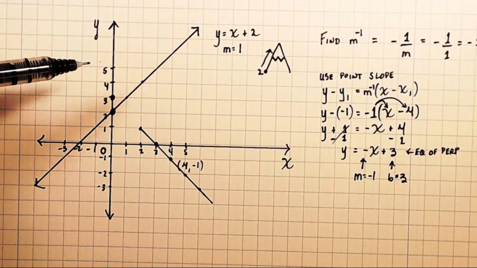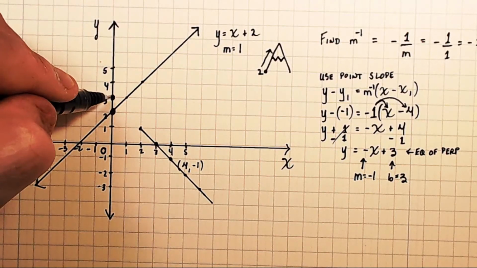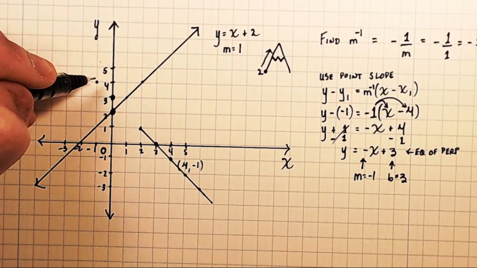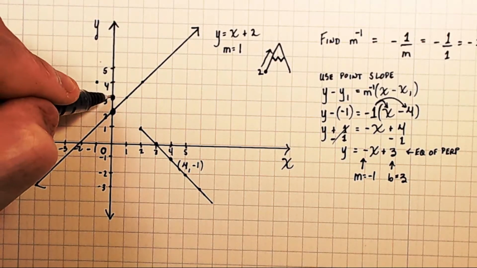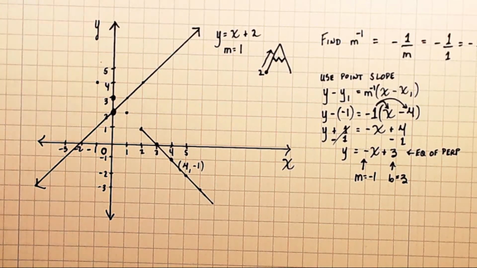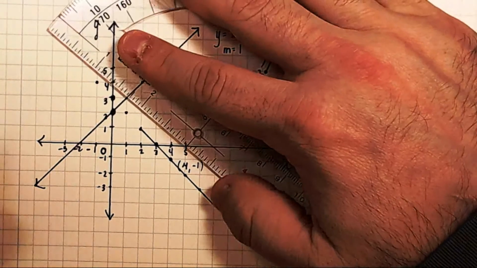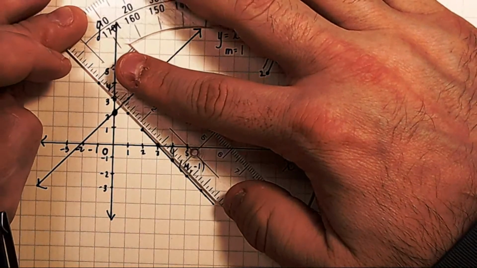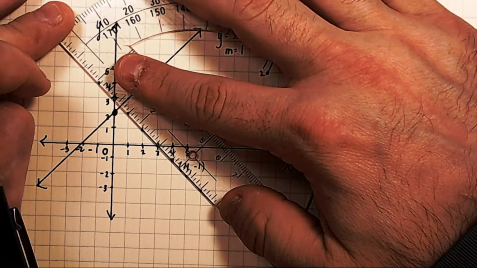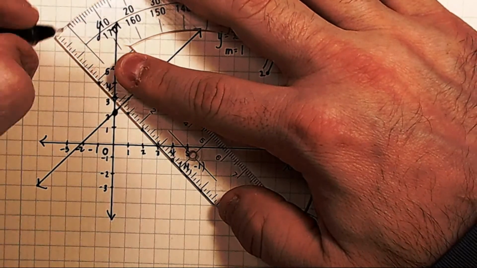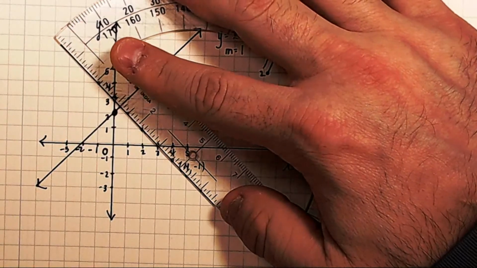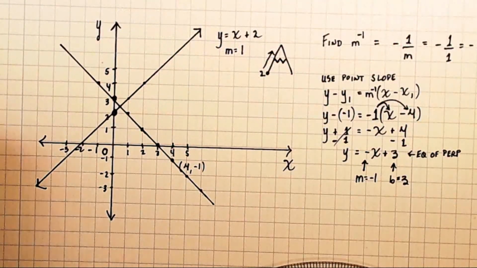Now, using our slope, we can go up 1 to the left 1, or we could go back to the y-intercept and we could go down 1 to the right 1. And let's see if these lines that we're drawing in using these two methods match up. And they always should. Okay, and they do match up.